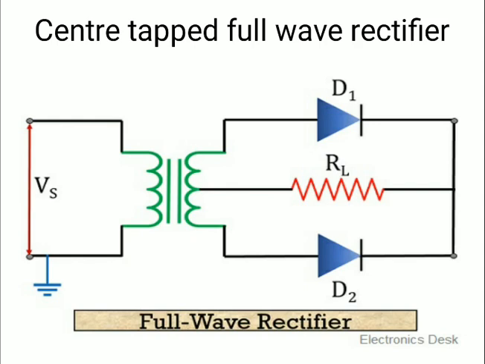The current will start flowing through D2, and when it comes to the same point where one way goes to RL and the second goes to D1, it will go through RL, because D1 is in reverse bias. So the current goes through D2 and then RL. In this way we are getting current for both cycles, that is for the complete wave. That is why it is known as a full wave rectifier.